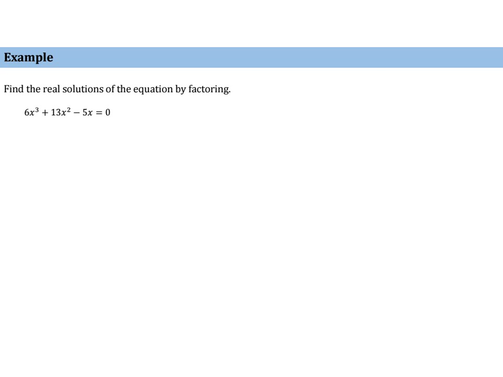So here we have a trinomial, and you'll notice that it is in descending order. And so let's go ahead and look at any GCFs. You'll notice that there is a common factor of x in each term. So let's go ahead and factor out our x.